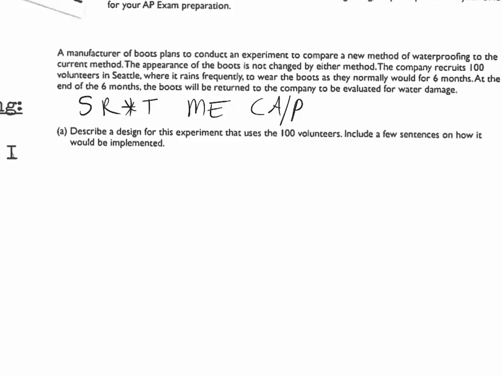Start with 100 volunteers to wear the boots that live in Seattle, and randomly assign them by putting them in a big bag, shaking well, and pulling out 50 to go to the treatment, the old waterproofing method, and 50 to go to the new waterproofing method.